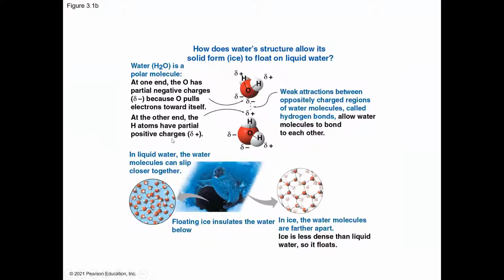Liquid water molecules can sit closer together. In ice, water molecules are much further apart, right? So that's why ice floats, because the density of ice, what you can see here, is actually lower than the density of liquid. Okay, water is a unique substance.